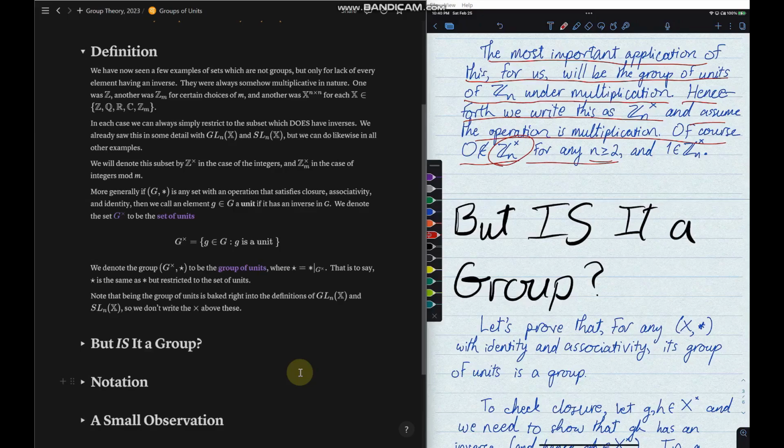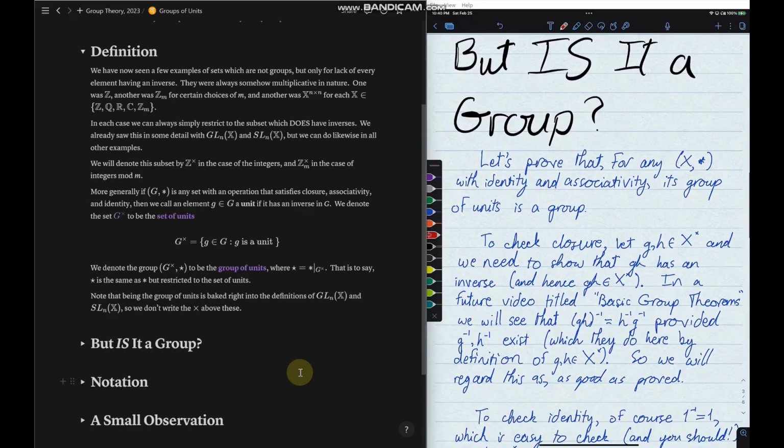Z mod n is only really interesting starting at 2. But we will have that 1 is always an element in Z mod n cross. And the remaining elements are something we'll discuss later on.